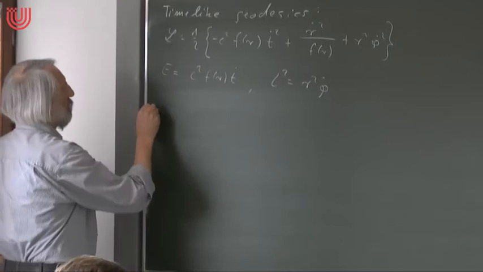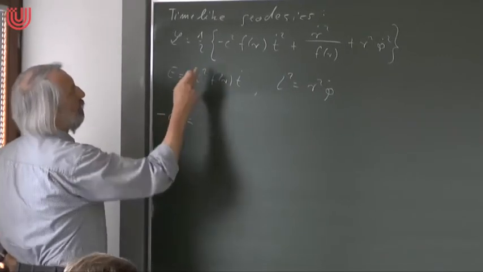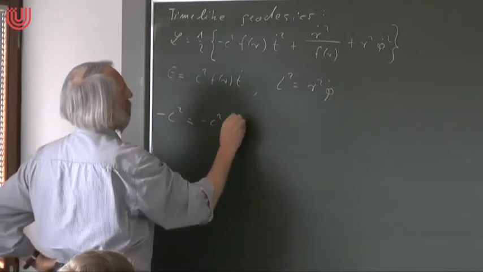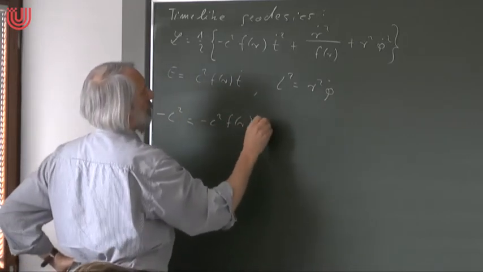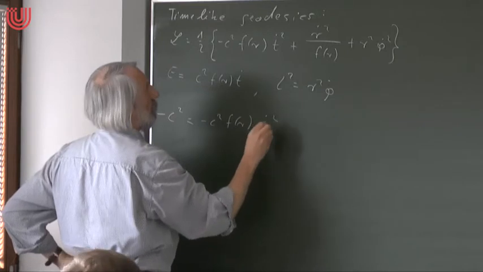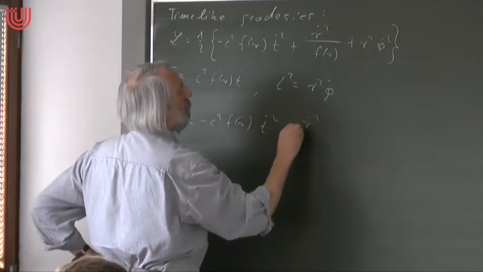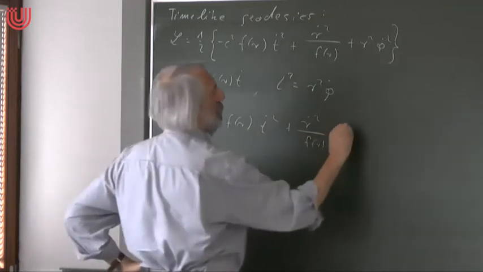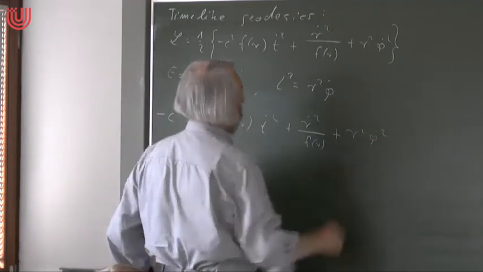And now for time-like geodesics, we use a proper time parametrization, so we have to equate this to minus c squared, which equals minus c squared f of r t dot squared plus r dot squared plus r squared phi dot squared.